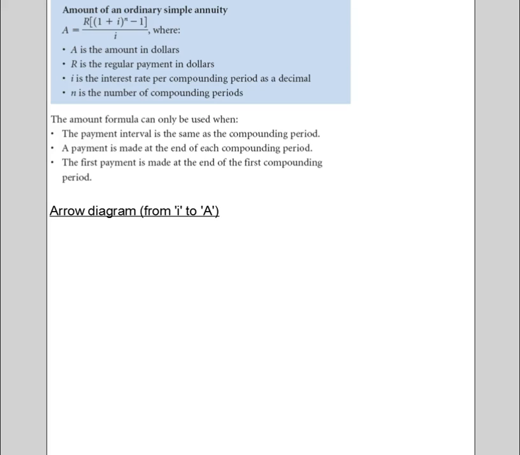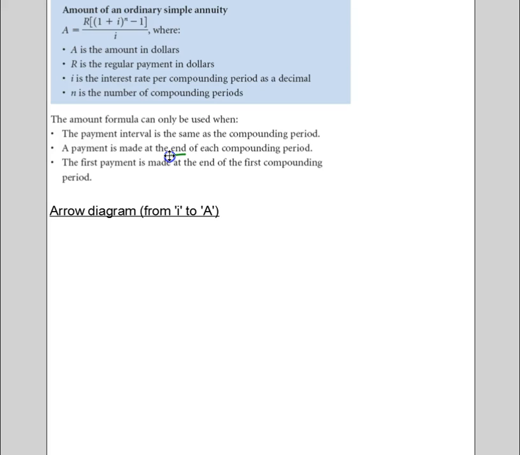Payment interval is the same as the compounding period, and payment must be made at the end of each compounding period. When we use the TVM solver, we'll have an opportunity to indicate when the payment is made, whether it's made at the beginning or the end, and we'll always choose the end. The first payment is also made at the end of that first compounding period.